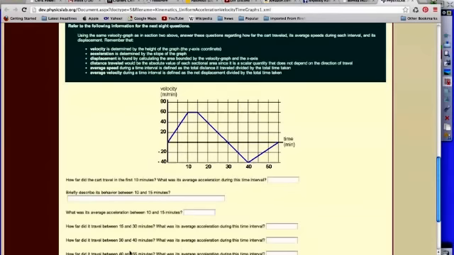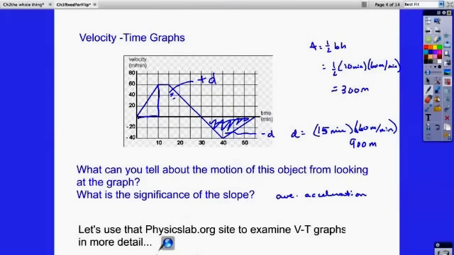And how far did it travel between 40 and 55 minutes? The height is 40, and the base is 15. 40 times 15, I'm going to check this math.